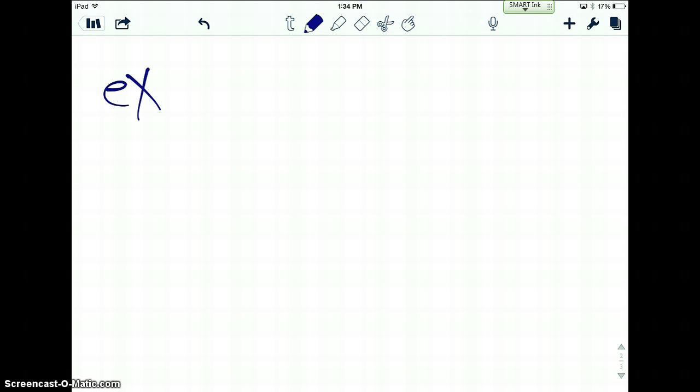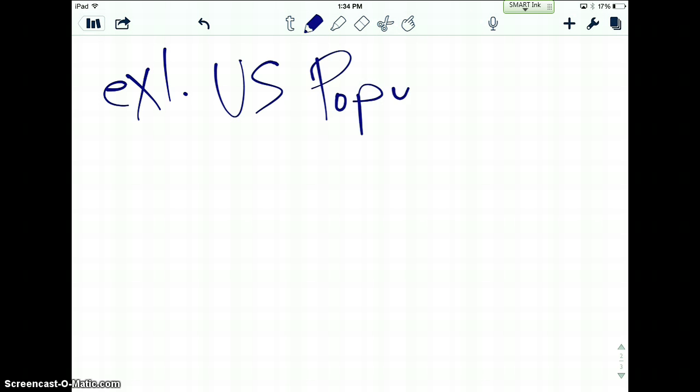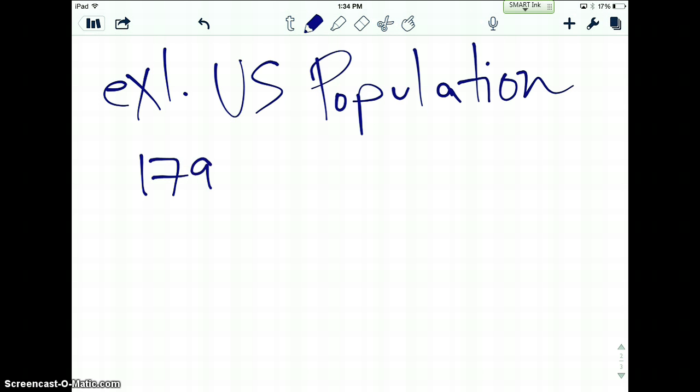So example 1, U.S. population. Population changes, right? So let's look at the change in population from the year 1790, whoa, that's way, way back, to the year 2000, because that's just the information that I have. So this is true information.